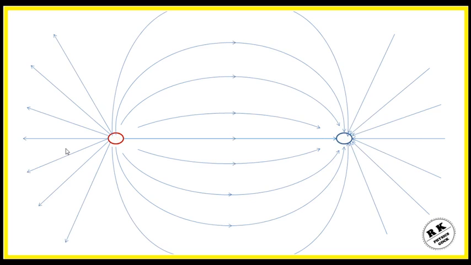Now we see that the field lines are emerging. The field lines are emerging from positive charge and ending at negative charge. This direction shows that they are moving from positive to negative charge. Let us have a quick look once again.